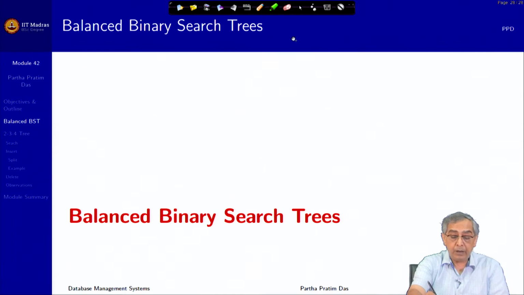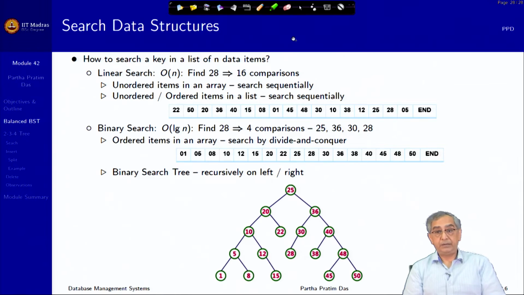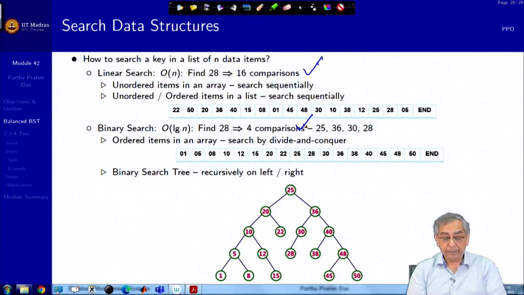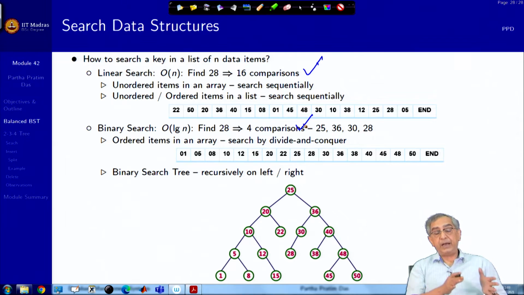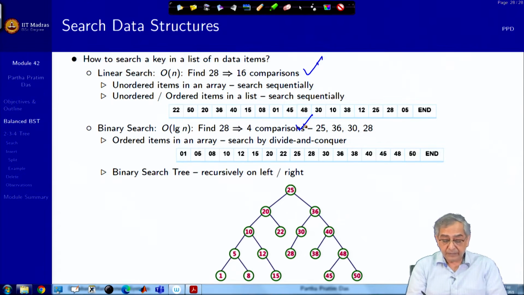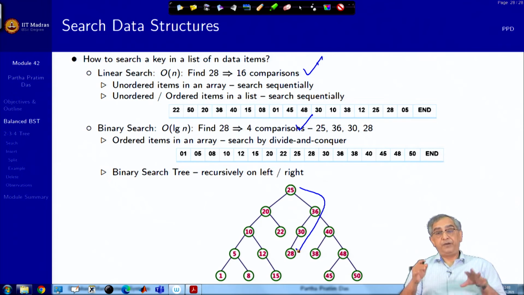Now, we have talked about binary search trees. You know this pretty well: linear search is order n, binary search is order log n if the data is sorted, and we saw that this can be mimicked in a nonlinear data structure, the binary search tree, where the search could be made really efficient in terms of comparisons over this binary tree.